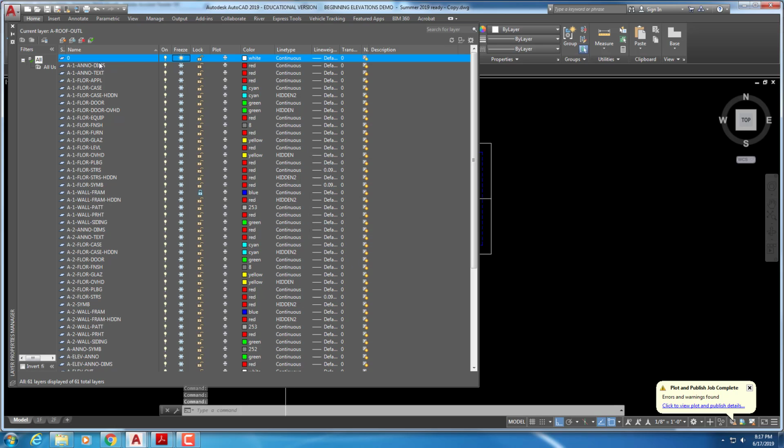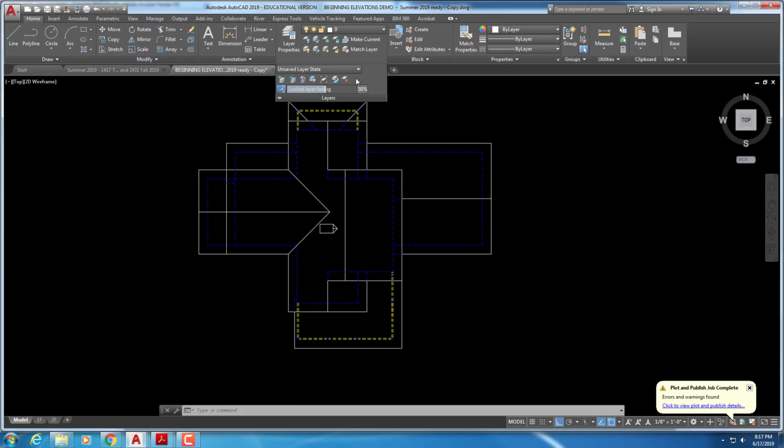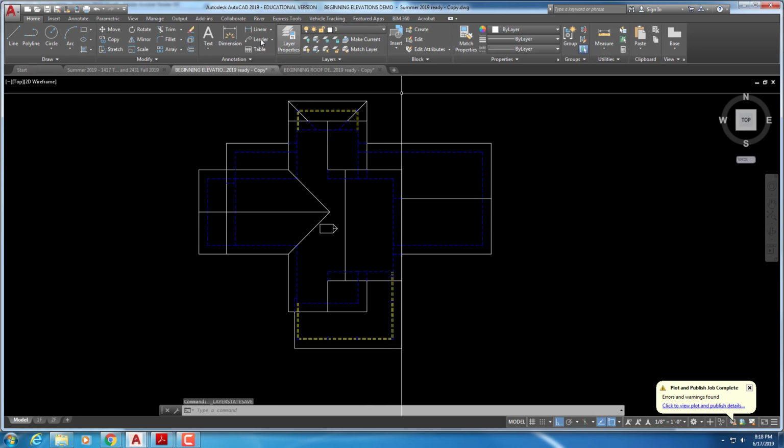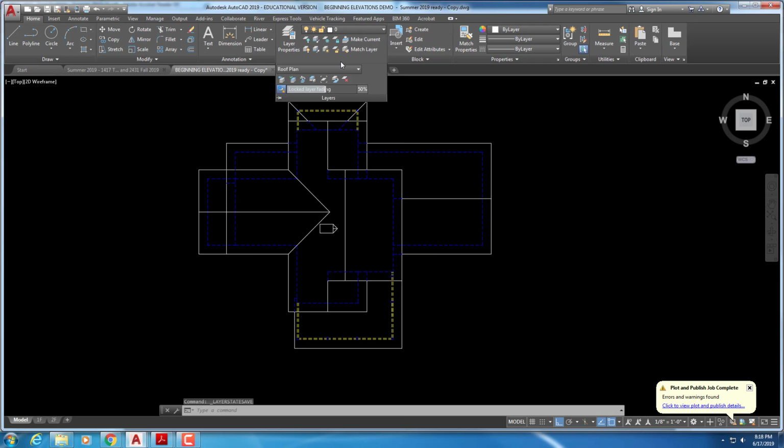Of course you have to make sure it's thawed, and then just create another layer state specifically for the roof so that you can work on that independently as well.